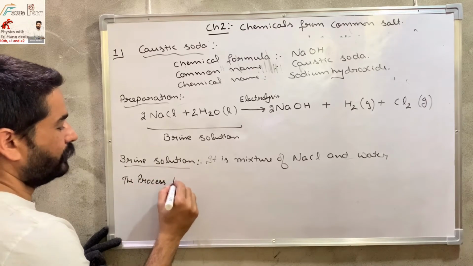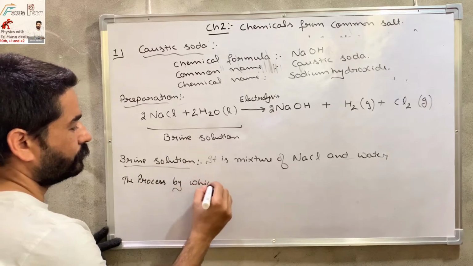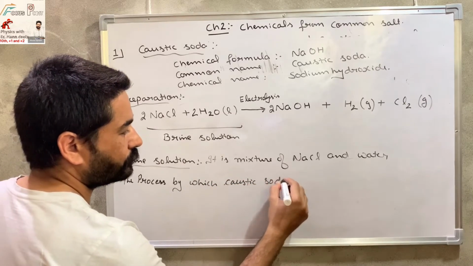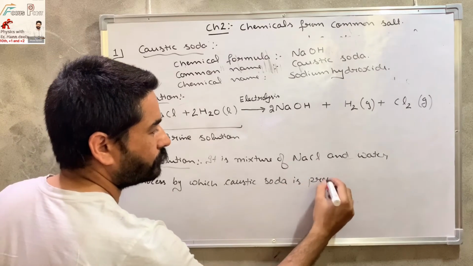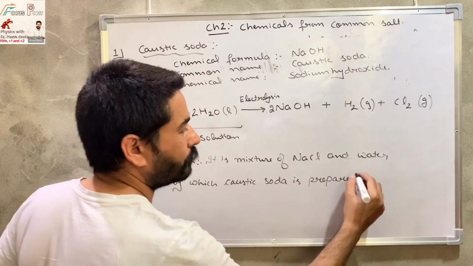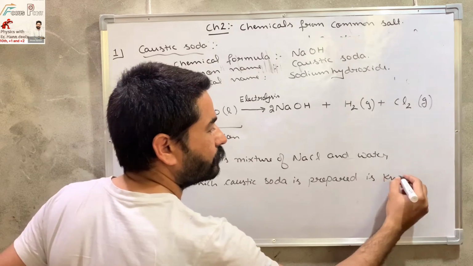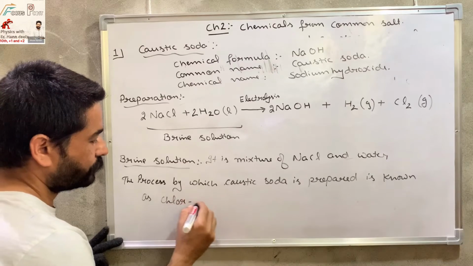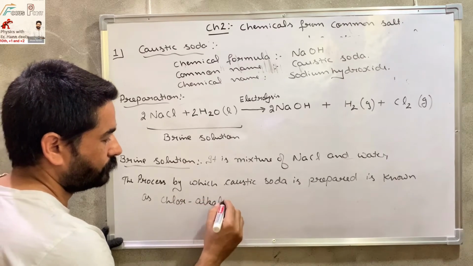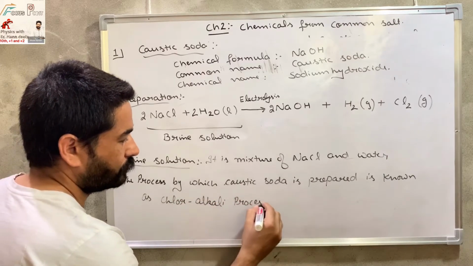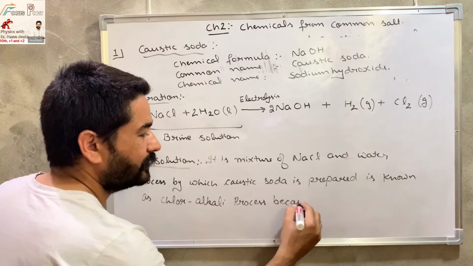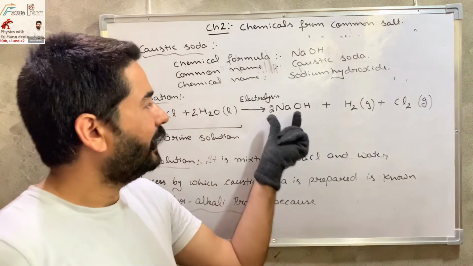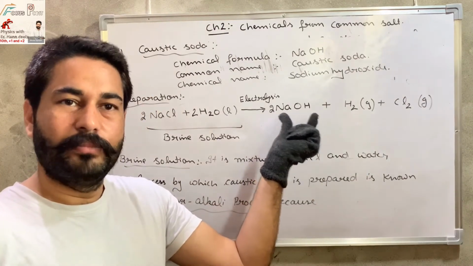The process by which caustic soda is prepared is known as the chloralkali process. The reason why this is known as the chloralkali process is because chlorine and alkali are formed as products.